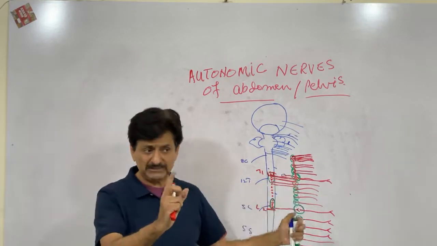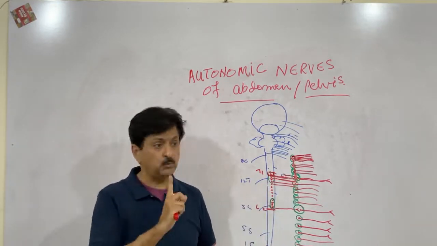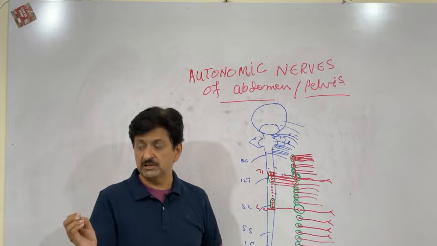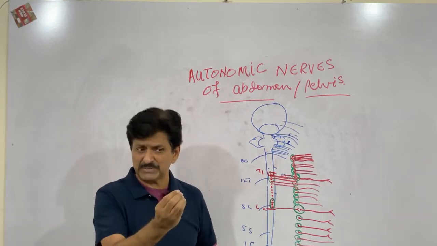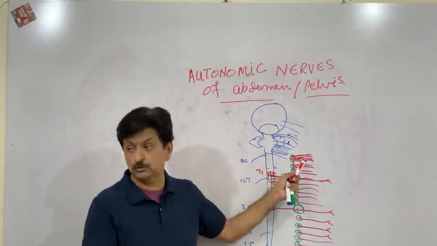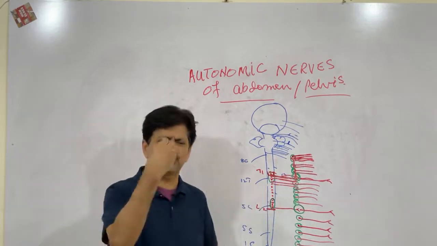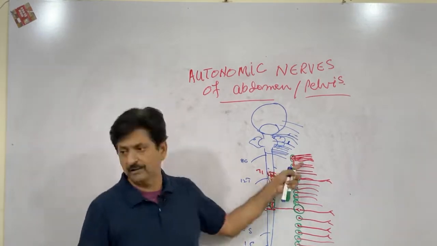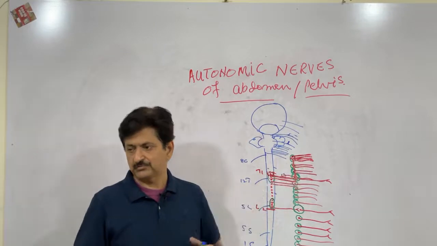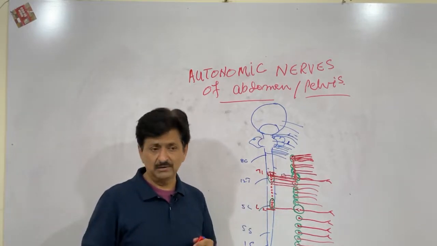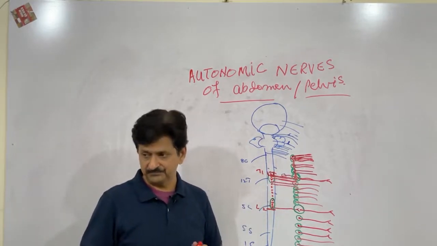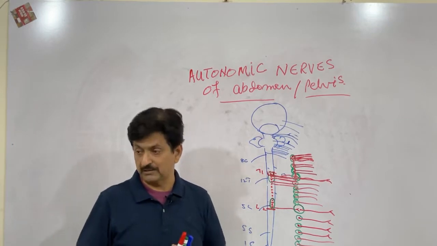Out of this 90%, just you can say 30% fibers are giving connection to these 4 nerves. Okay, consider 40% is giving the connection to these 4 nerves. So how many fibers still are remaining? 50% is still remaining.